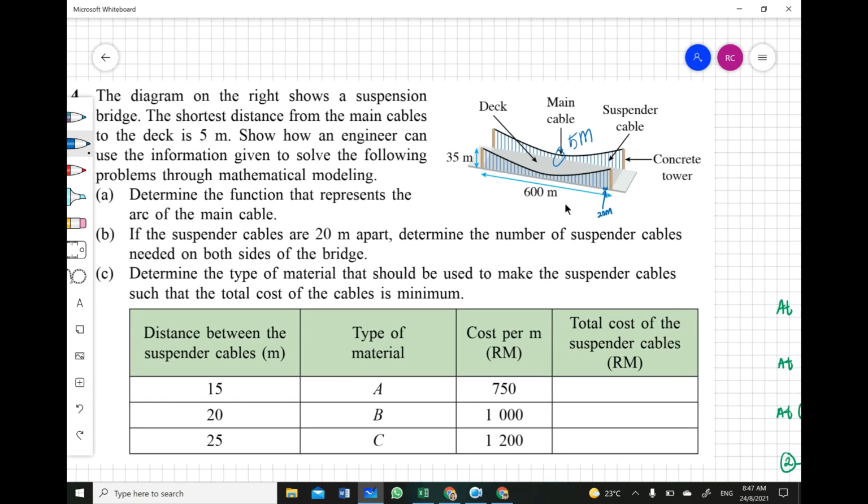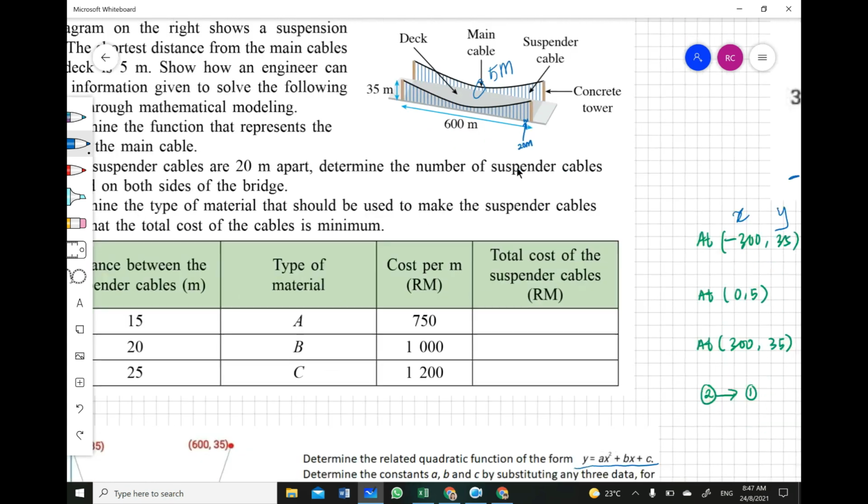If the suspender cables are 20 meters apart, determine the number of suspender cables needed on both sides of the bridge. So you need to determine how many suspender cables over here are needed on both sides. This is one side, this is another side. How much is the total of this blue colored suspender cable needed?